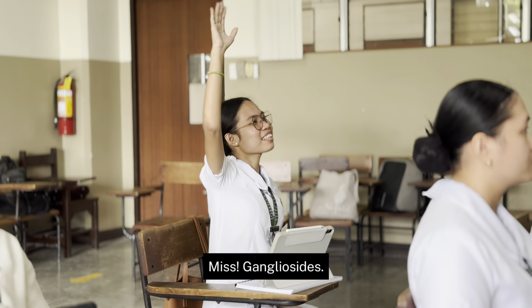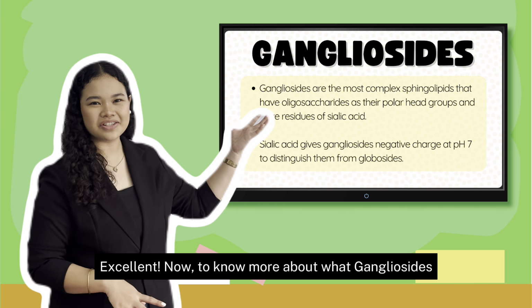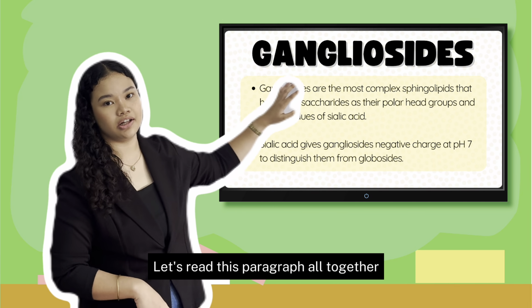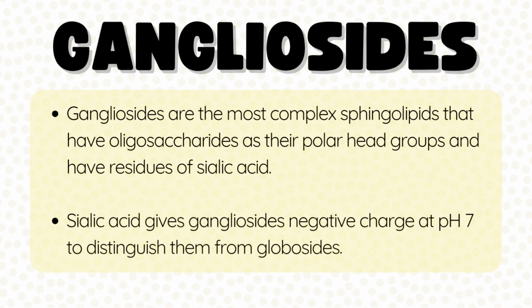Miss, gangliosides. Excellent. So now, to know more about gangliosides, let's read this paragraph all together. Gangliosides are the most complex sphingolipids that have oligosaccharides as their polar head groups and have residues of sialic acid. Sialic acid gives gangliosides negative charge at pH 7 to distinguish them from globosides.